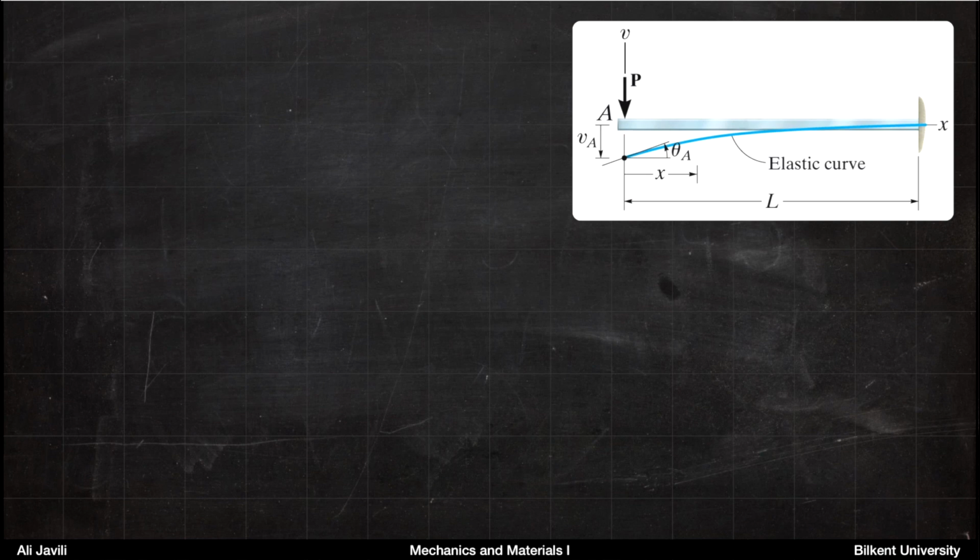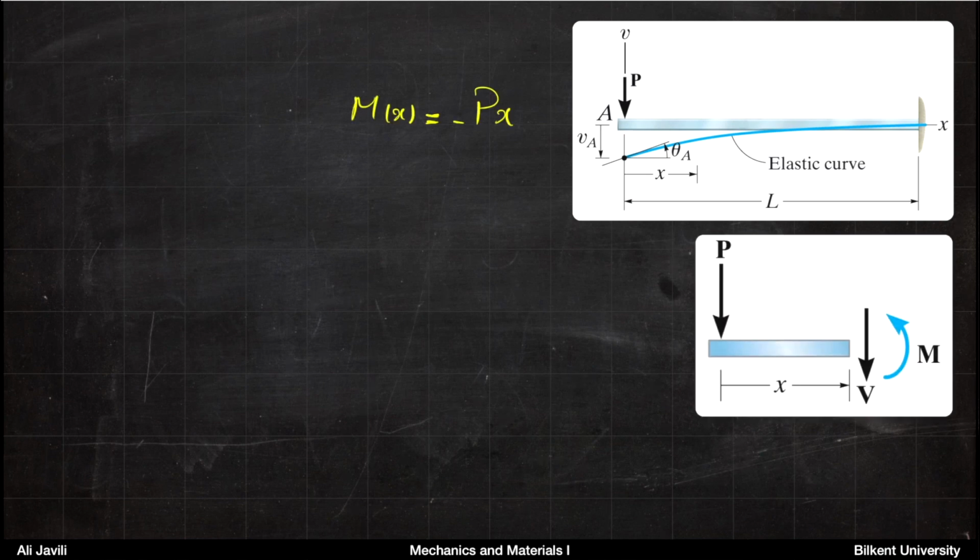Okay, so as before, we start basically by cutting the beam at a distance x and calculate the moment and shear force. We don't really need to calculate the shear force. We need the moment specifically because for the relation of the deflection, we just need the moment itself.